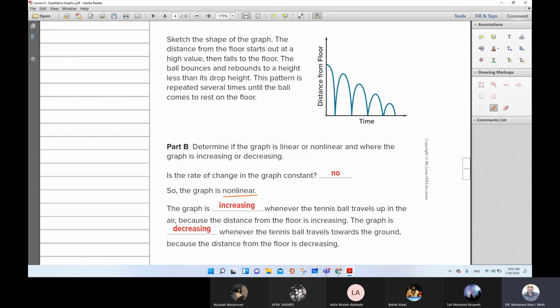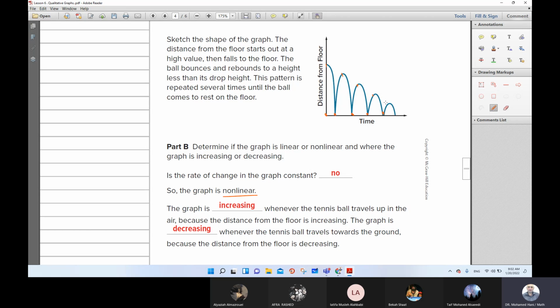As you see, the distance from this point to this point, then here the distance from this point to this point, then here the distance from this point to this point, and here also.